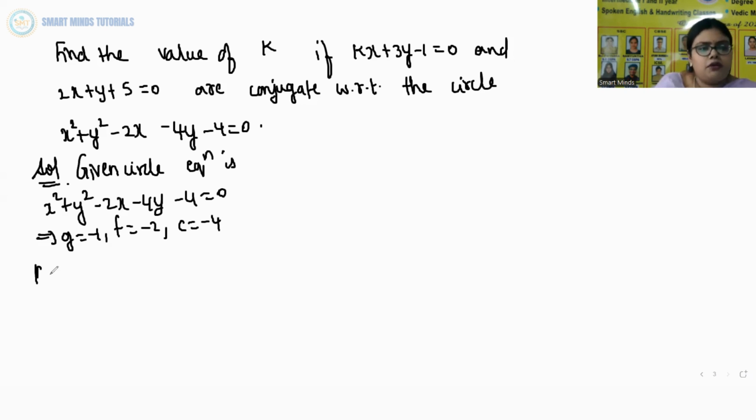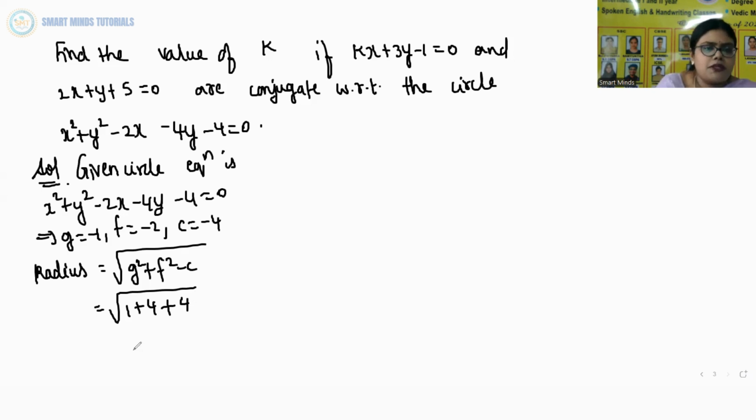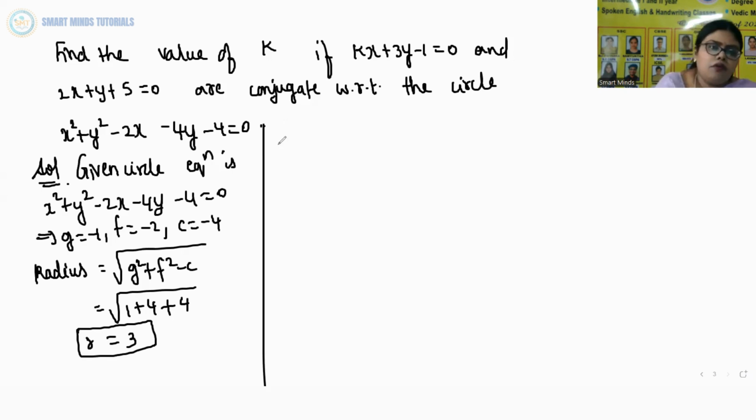Now we will find out the radius. So radius is root over g square plus f square minus c. Root over 1 plus 4 minus of minus, plus 4. That is root 9. Root 9 is 3. So you got the radius. Now we will take the given lines.